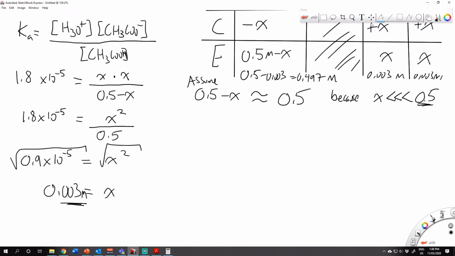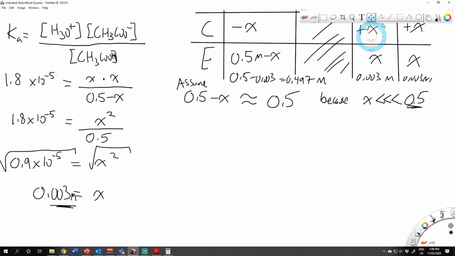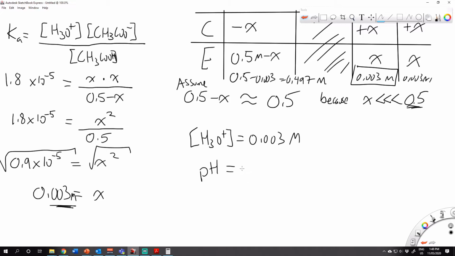Now the question I think was asking us for the pH, right? Yes, pH. We know the concentration of H3O plus is here. So now we can just use our pH calculation. pH is negative log of the H3O plus.